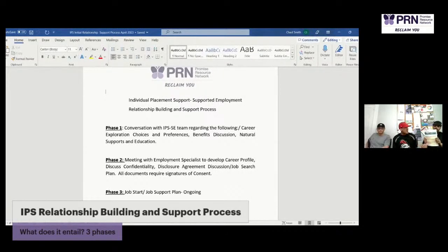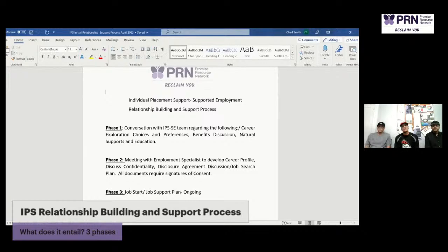We share this type of information with individuals about VR services, and we also make a referral to the benefits planner in the event that a person says, "Hey, I would like for my benefits to be explored, so that I can gain employment and work comfortably without interrupting my benefits, my income." So we really take pride in asking questions. We call it digging deep to learn more about the individual in the initial phase.